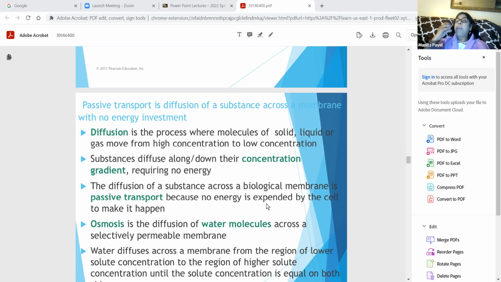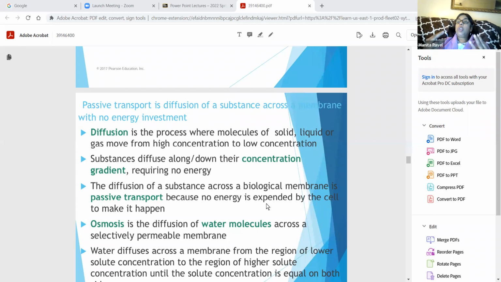Therefore, passive transport is the process where substances move from an area of high concentration to an area of low concentration, along or down a gradient, with no energy required for the movement.